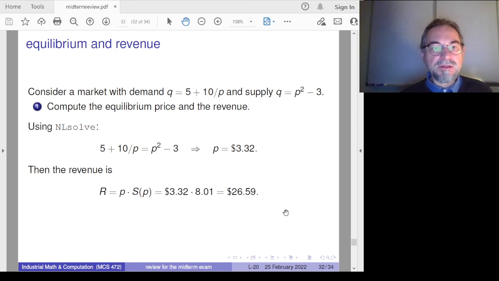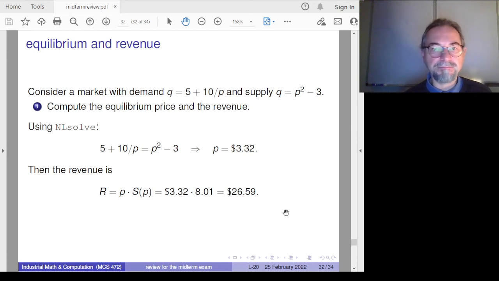Okay, so here is the first solution. We will have to solve a nonlinear equation. Actually it's a cubic equation if you multiply out P. Then we see that the equilibrium price before the subsidy is $3.32. The revenue is the price multiplied with what the producer is willing to supply at this.